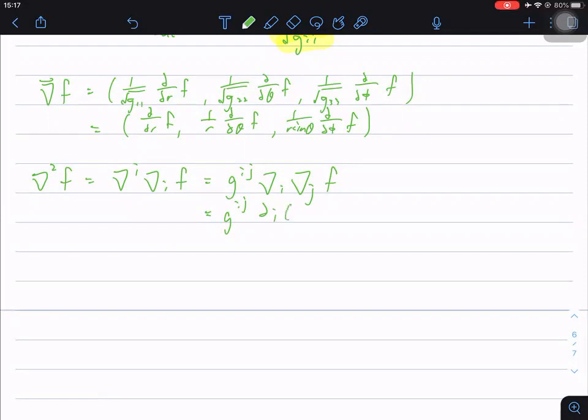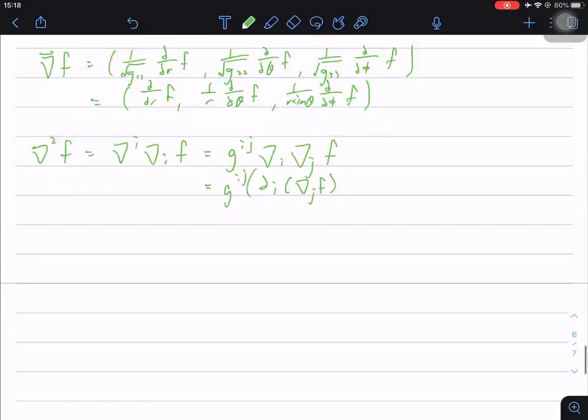For the first one, we can write it as the partial derivative of i plus the Christoffel symbol, because we can treat it as a rank 1 tensor and perform all the operations. It should be minus here.